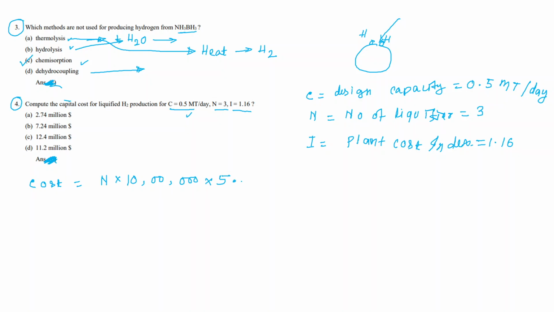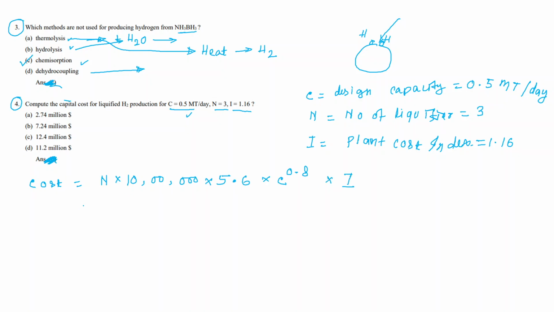This is the formula you have to remember for calculating such questions. If such questions come, you have to remember the formula. C to the power 0.8 multiplied by I.